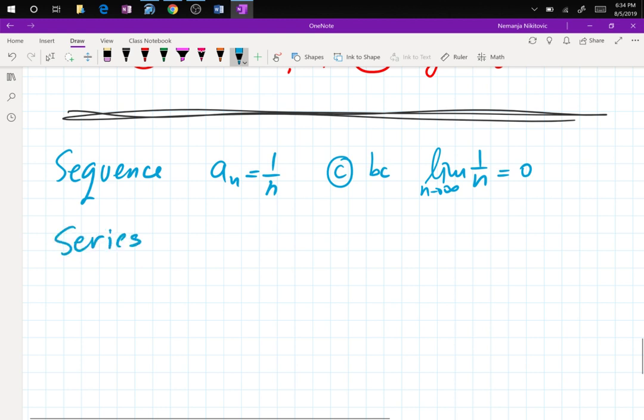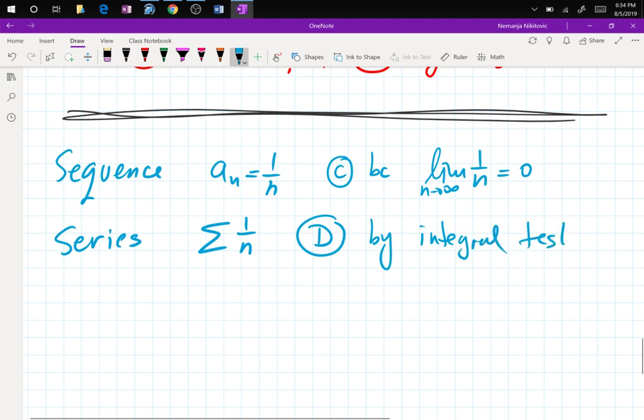The series summation 1 over n diverges by the integral test. Now, this series is a very important series that will come back many times in this and the next chapter. We have a name for this series.